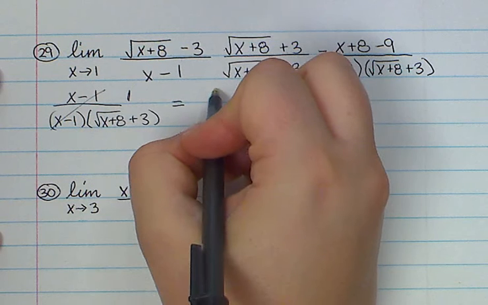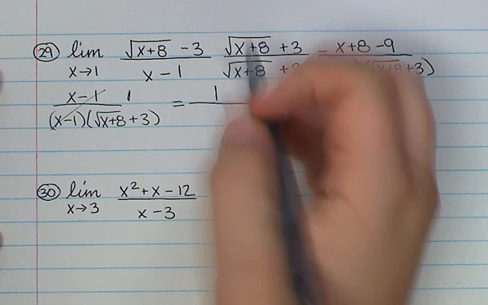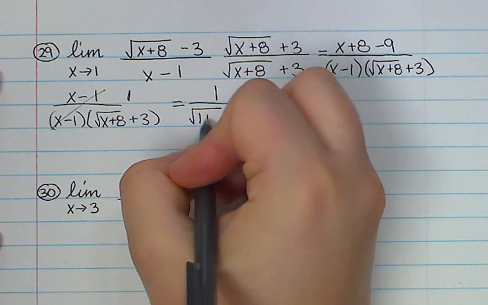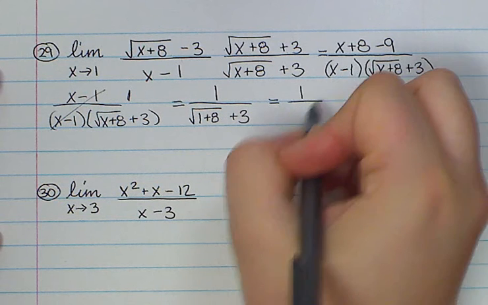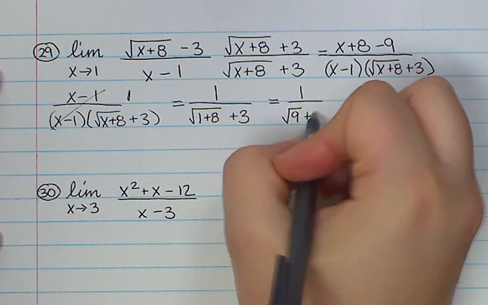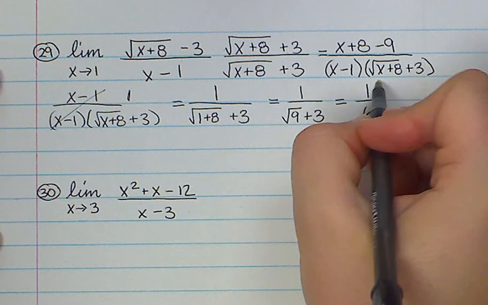And now I can use substitution. So I can say square root of 1 plus 8 plus 3 is the square root of 9 plus 3, which is 1 over 6.